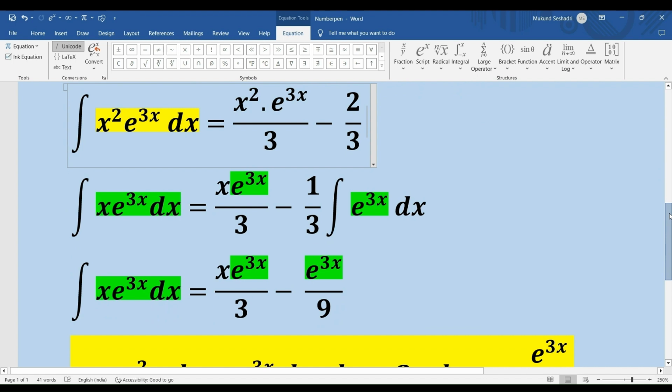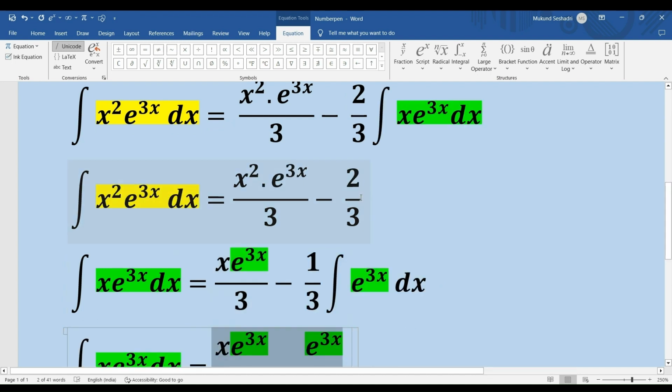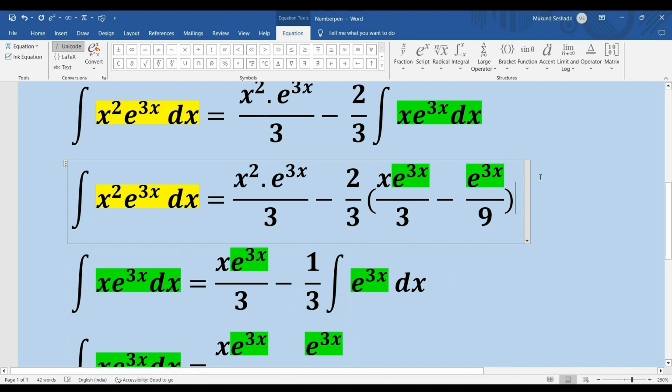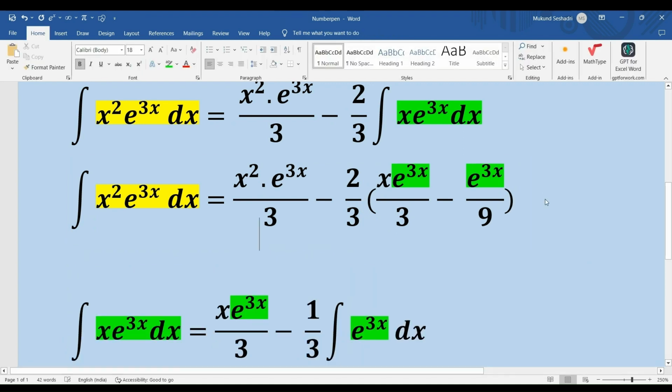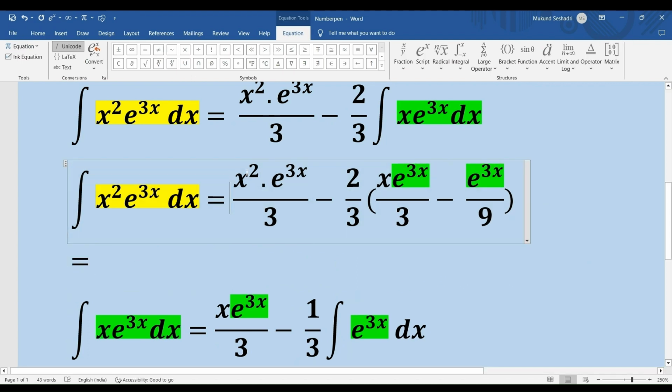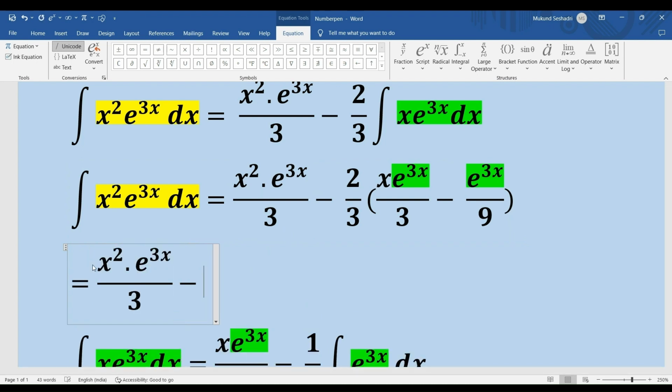Now I go to my integral of x into e to the power 3x dx. I have x into e to the power 3x by 3 minus of e to the power 3x by 9, right? So I open my bracket, and this is what I get, right? Now I know that I can do a little bit of simplification, so let's do that. My first part of the integral remains as it is, and my second part, I get 2 by 9 times x into e to the power 3x, right?